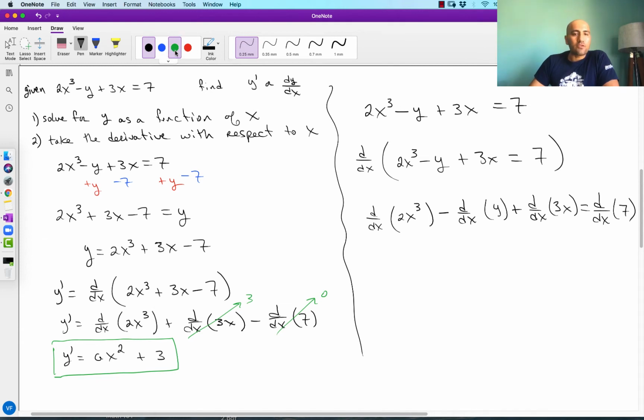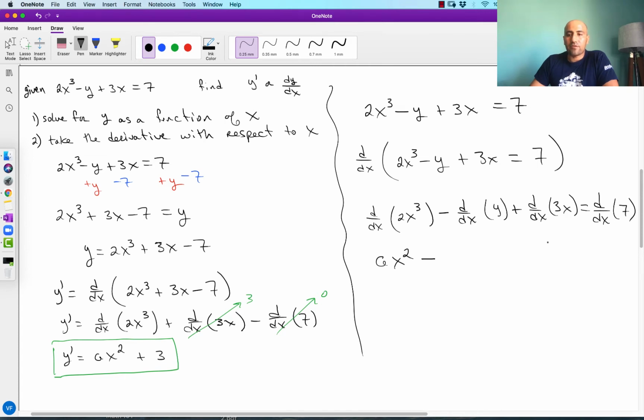A couple of these derivatives are super easy, just like before, nothing has changed. Here we have a function in x, and we want the derivative with respect to x, so this is just going to be the 6x to the power of 2 that we got before.